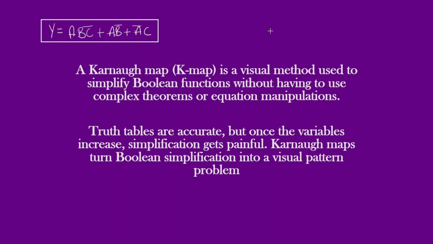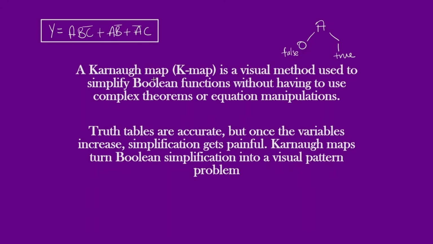You've got A, B, and C, and it's Boolean algebra because we're dealing with Boolean variables. A can either be 0 or 1, that's false or true. That's what makes it Boolean logic.